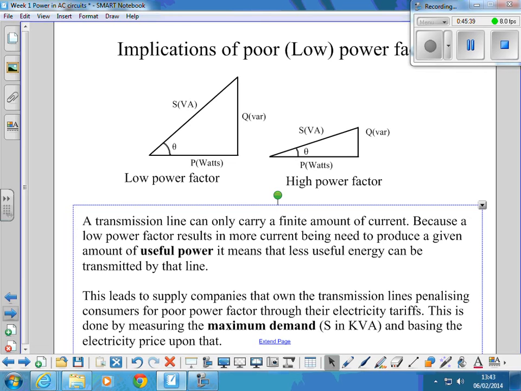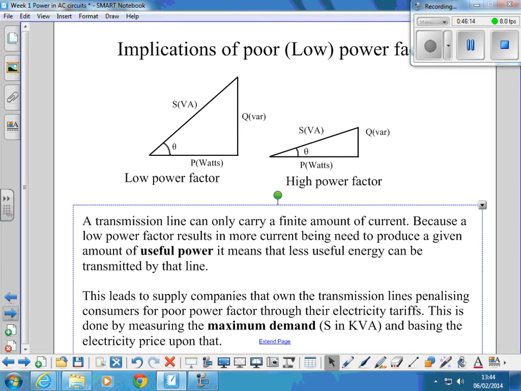A transmission line, like the national grid for instance, can only carry a finite amount of current for a given cable size and pylon size. Because a low power factor results in more current being needed to produce a given amount of real power in watts, less useful energy can therefore be transmitted on that line if you've got poor power factor.